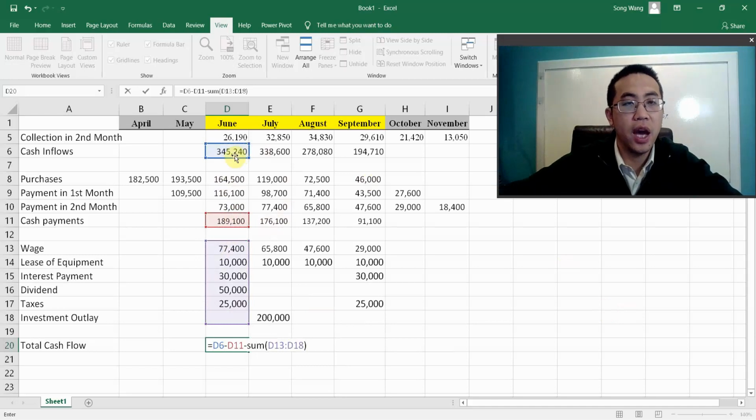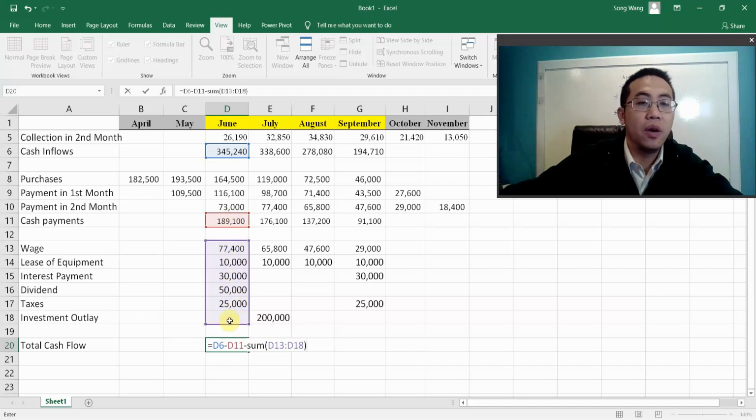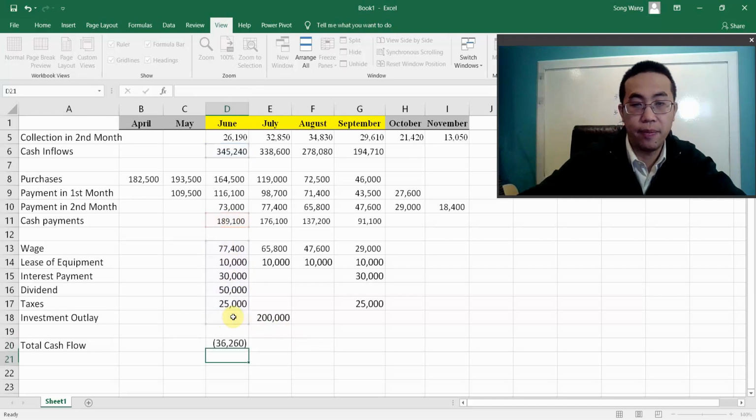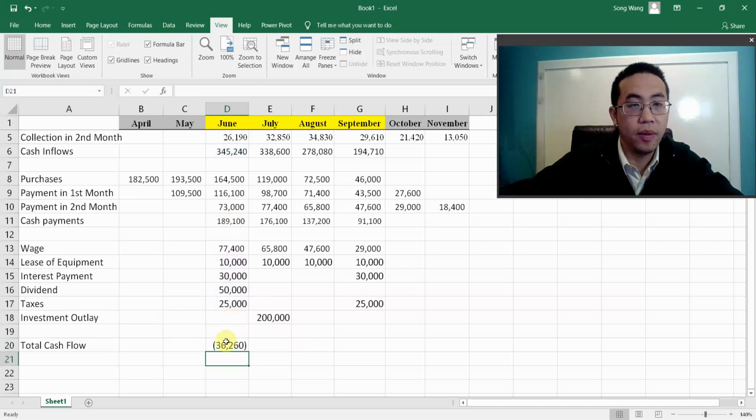So it's the cash you collect in June minus the cash you paid for your purchases in the previous 2 months, and also deducted by all these expenses, dividend, taxes, and also capital expenditure. All right. Although some of them are left blank, you still have to select them.